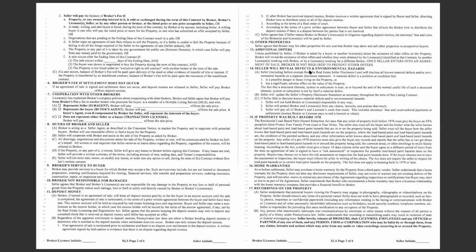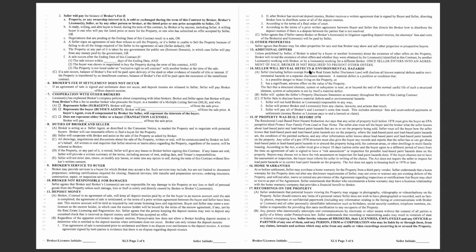Additional offers. Unless prohibited by the seller, if broker is asked by the buyer or any licensee about the existence of other offers on the property, broker will reveal the existence of other offers and whether they are obtained by the licensee identified in the contract or by another licensee working with the broker, or by a licensee working for a different brokerage.